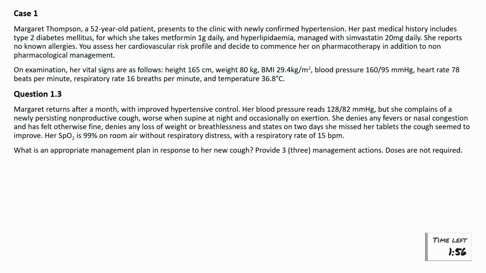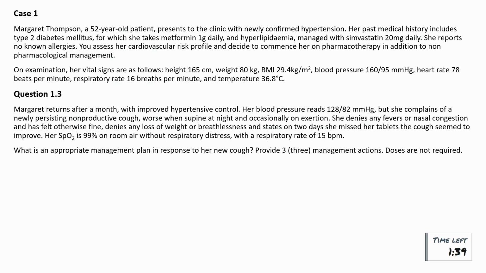Question 1.3. Margaret returns after a month with improved hypertensive control. Her blood pressure reads 128/82, but she complains of a newly persisting non-productive cough, worse when supine at night and occasionally on exertion.